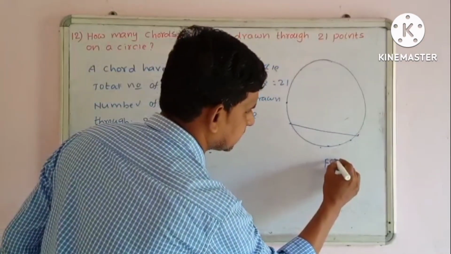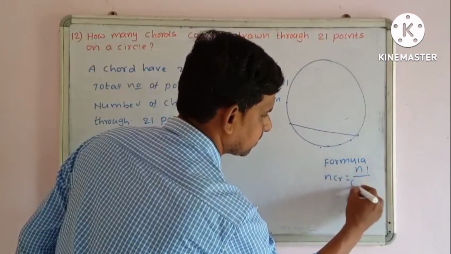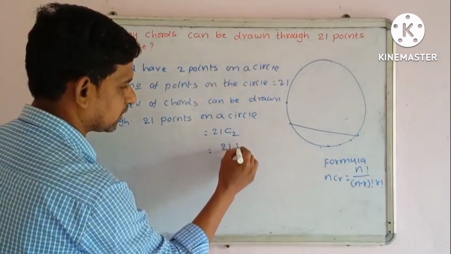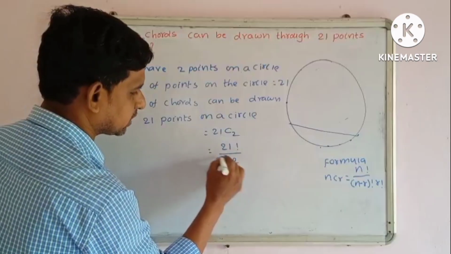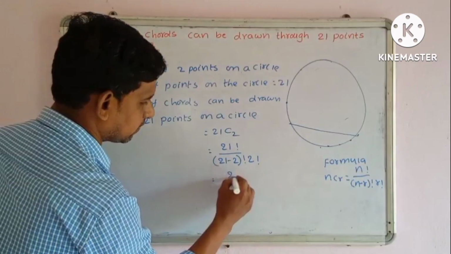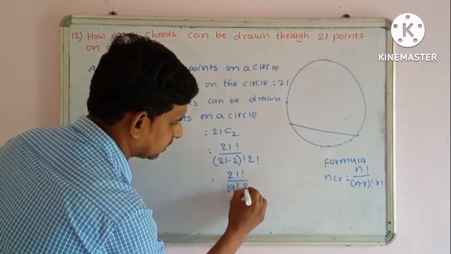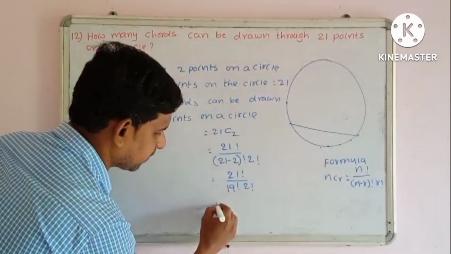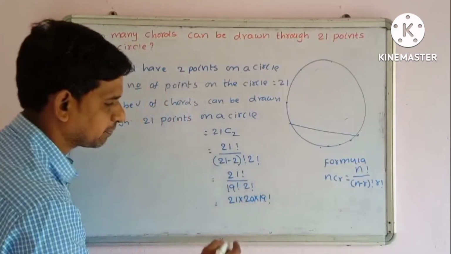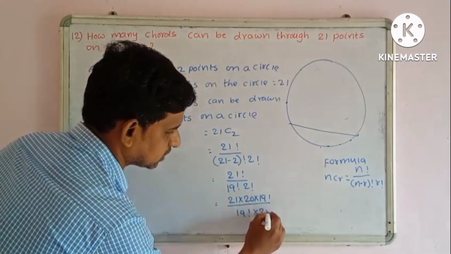What is the formula of nCr? n factorial by (n minus r) factorial into r factorial. So 21 factorial by (21 minus 2) factorial into 2 factorial, that is 21 factorial by 19 factorial into 2 factorial. 21 factorial can be written as 21 times 20 times 19 factorial, and 2 factorial is 2 times 1.